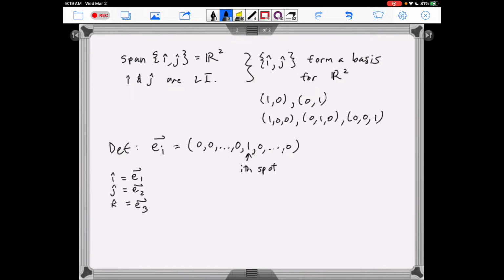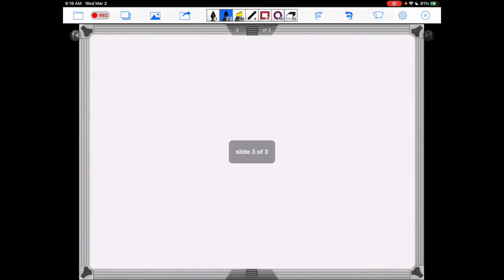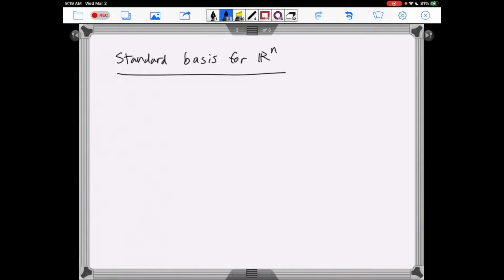We call these bases formed with these vectors a standard basis. So let's write that down. For R2, we know that the standard basis is e1 and e2, right?